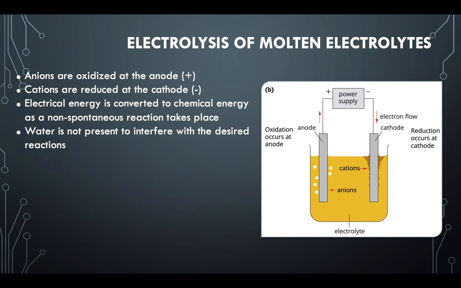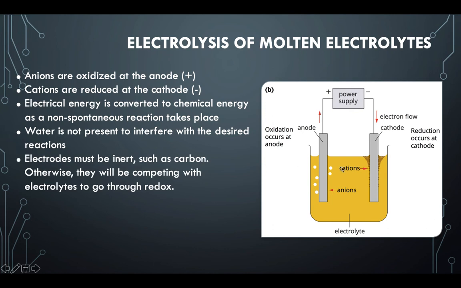But the implication to you is that when you are writing half reactions with states for electrolysis of molten electrolytes, you must make sure that your states are correct and reflect the environment. It is not just the states that you can copy off from your data book.